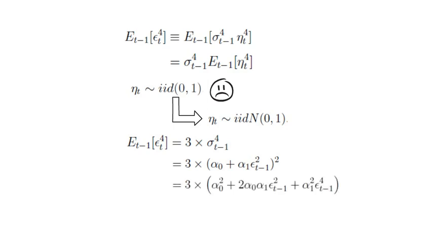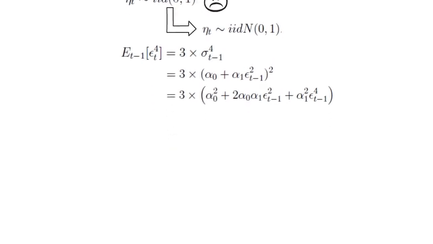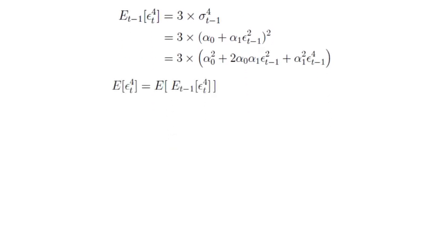Now we use the law of iterated expectations to state that the unconditional fourth moment is simply a function of the conditional fourth moment. I'm highlighting that now mathematically in this next equation. So what we now do is we plug the parametric expression for the conditional fourth moment into that last equation and put all the constants out of the expectation operator.